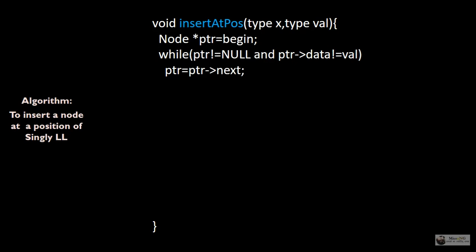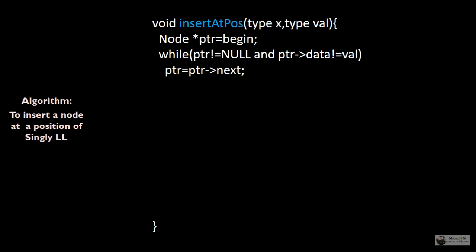So during this iteration inside the while loop, the PTR will simply move to the next. Maybe it will reach null and stop, or maybe it will stop when we find a match. So if PTR data becomes equal to the val we are searching for, then it will stop the further movement of PTR to the next node.